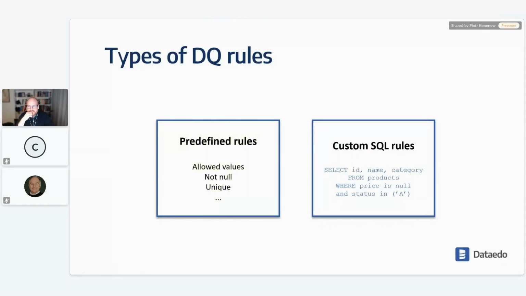I'll also explain how that works. But basically, you're writing a query where you'd like to list all the rows that are incorrect. As simple as that. And you can be as creative and write as complex a query as your engine can handle. And we execute it and then feed our data quality score with that.